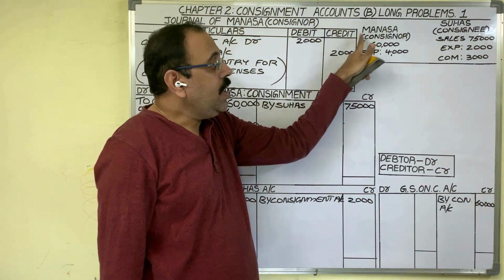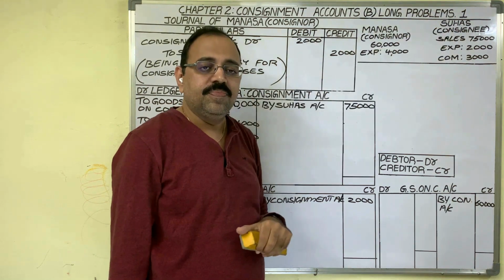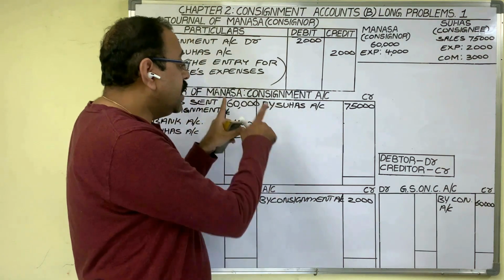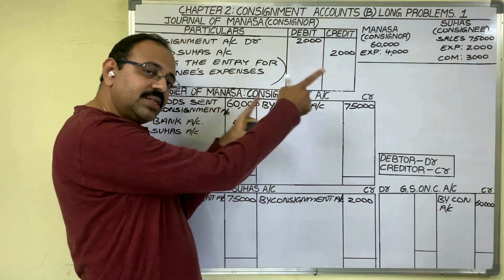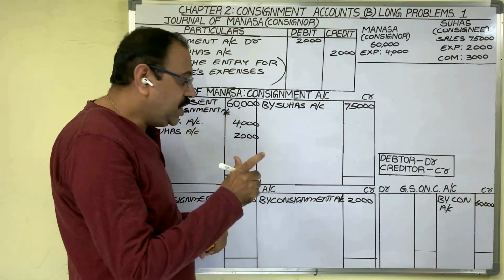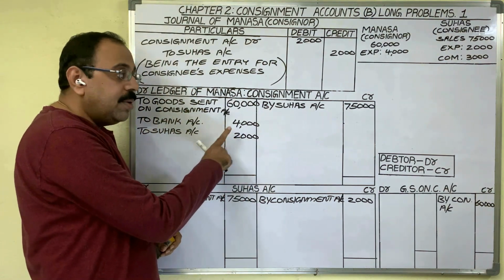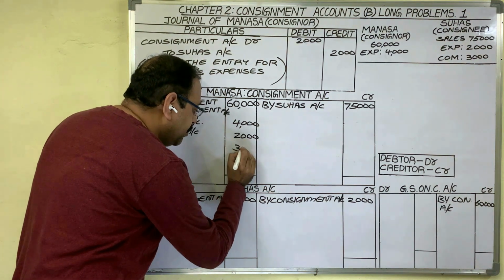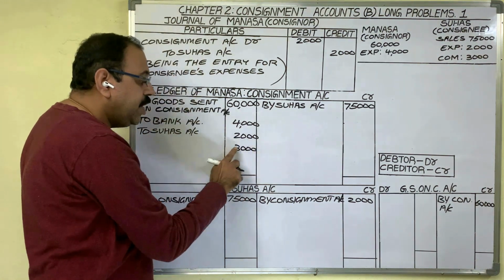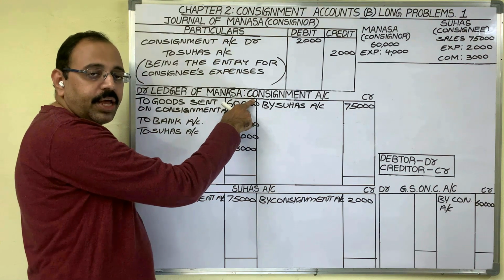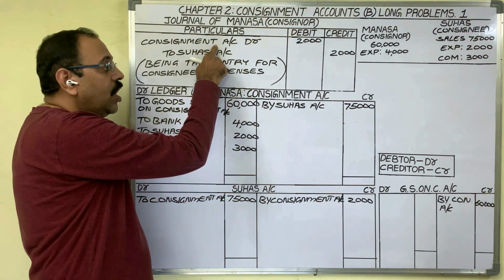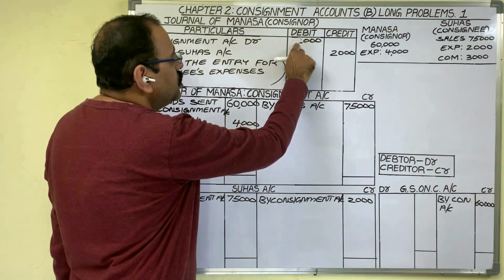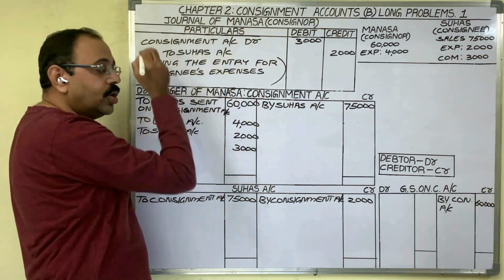Next come to consignee's commission. Consignor has to pay commission to consignee. For consignee that is income, but for consignment business that is expenditure. So expenditure is to be debited now. Debit side we should write 3000 rupees. If you want to debit 3000 rupees to consignment account, in journal entry also consignment account should be debited with 3000. Consignment account debtor.